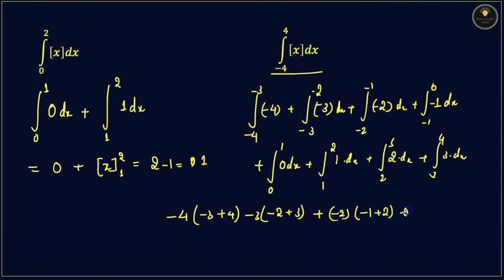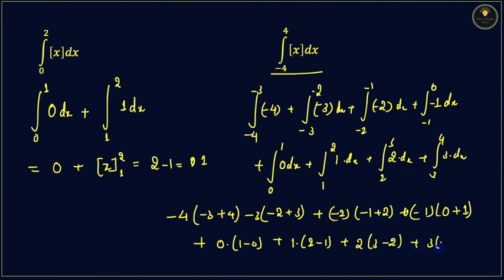Last, you will get the value as minus of 1, and you will put 0, and here you will write plus of 1. Same thing on the other side, you will write it as 0, you will get 1 minus of 0, then 1, 2 minus of 1, and 2, you will write 3 minus of 2, and at last you will write 3, 4 minus of 3.